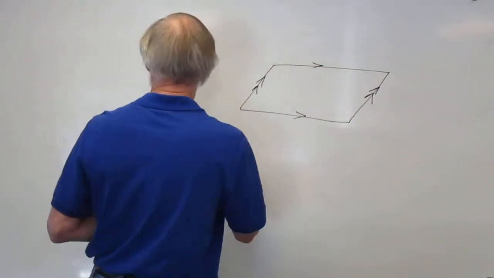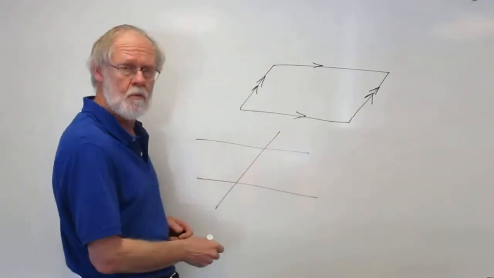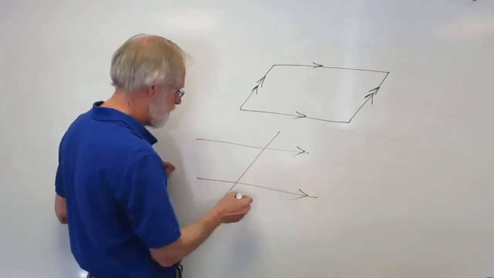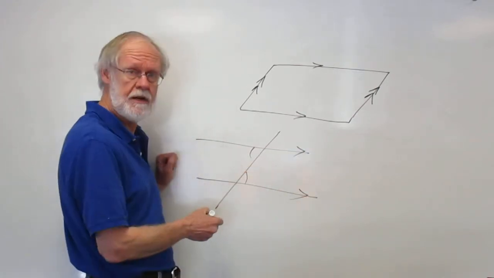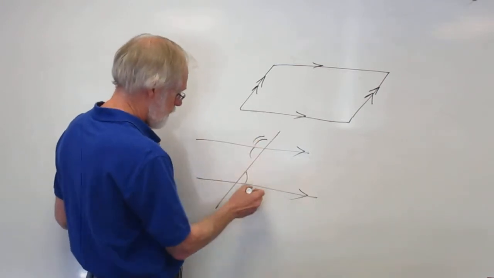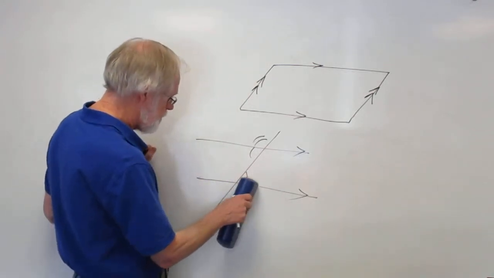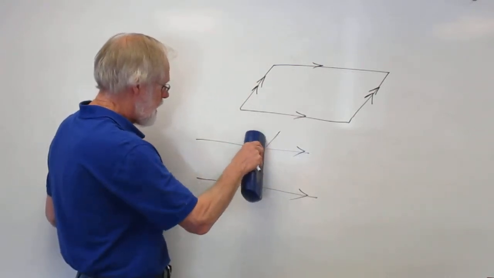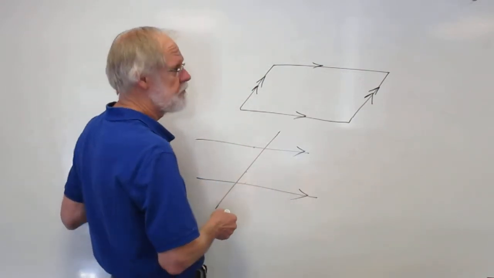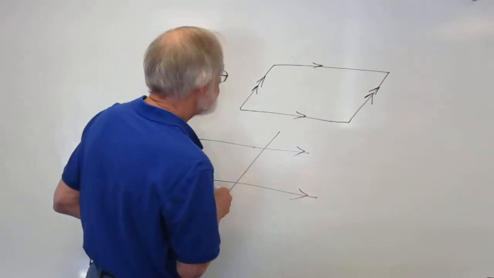Now, you may recall back when we talked about parallel lines and transversals, we had various kinds of angle relationships. For example, alternate interior angles were congruent, alternate exterior angles were congruent, and in particular for our purposes here, I want to remind you about consecutive angles and corresponding angles.